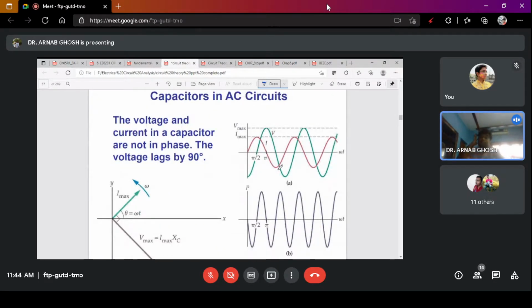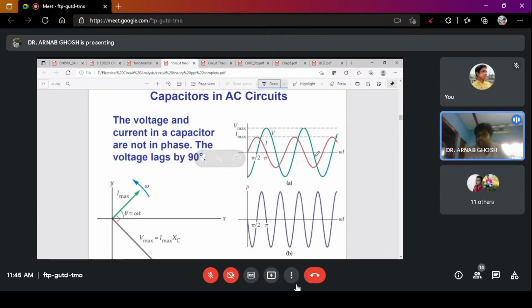Next, what happens to the waveform in the capacitance? In case of the capacitance, you already know that the current phasor will lead the voltage phasor by an angle of 90 degrees.